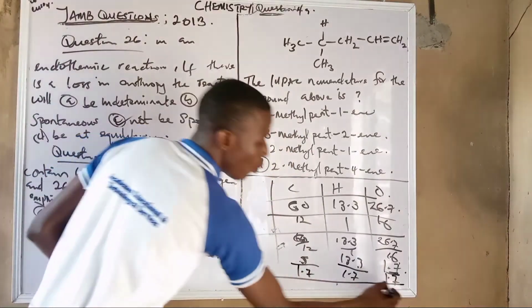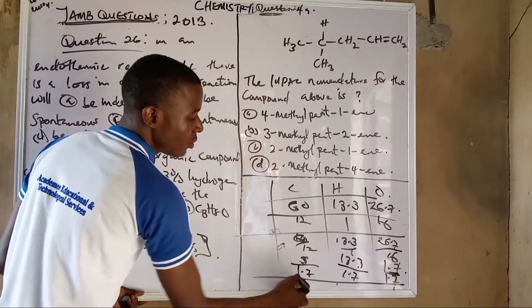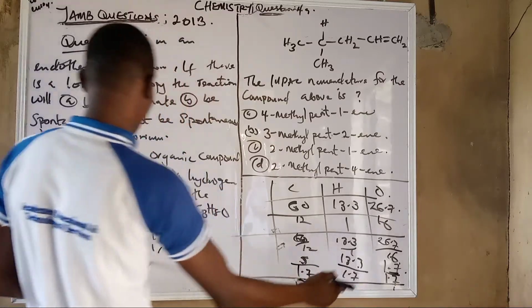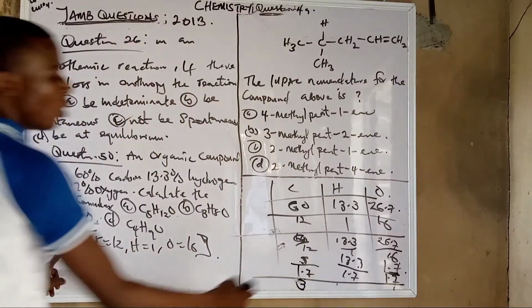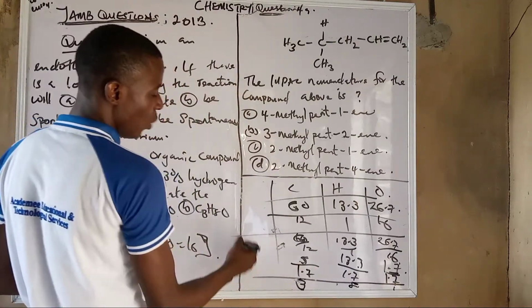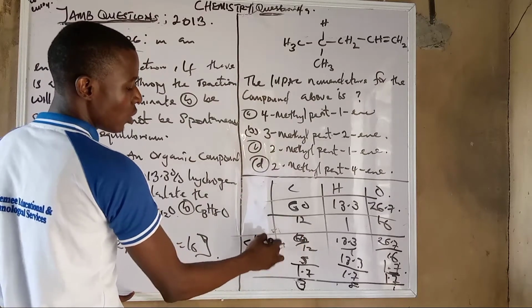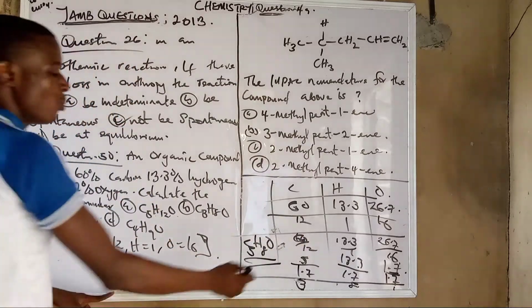This one will give us 1, this one will give us 3, and this one will give us, I think, 8. So as you can see, our carbon is 3, hydrogen is 8, and oxygen is only 1. So this is the empirical formula.